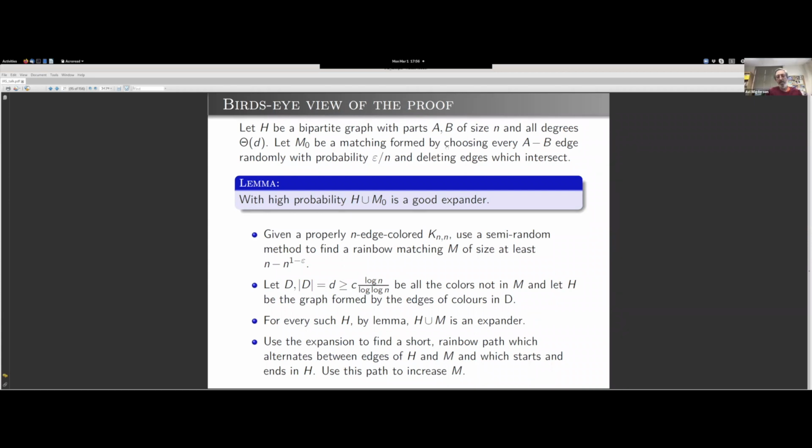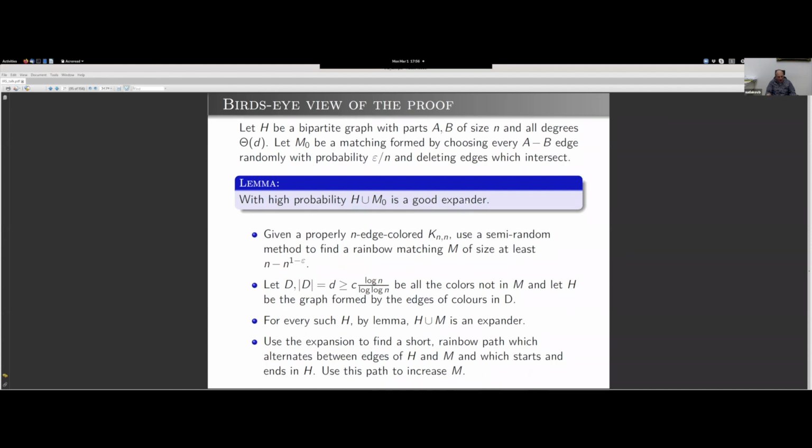Benny, this lemma will probably hold also for d equals 2, right? For d equals 2, it would be too weak for us, but it definitely holds for d being a large constant. Yeah, in some sense it will be too weak for you because of the parameters. So basically, when I say good expander, it's not necessarily connected.